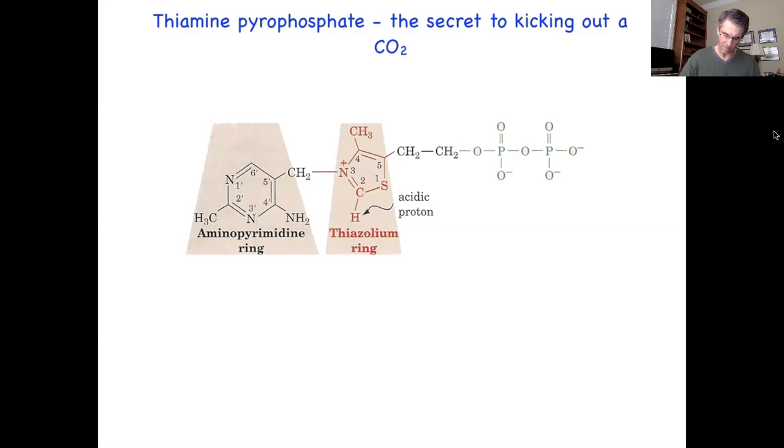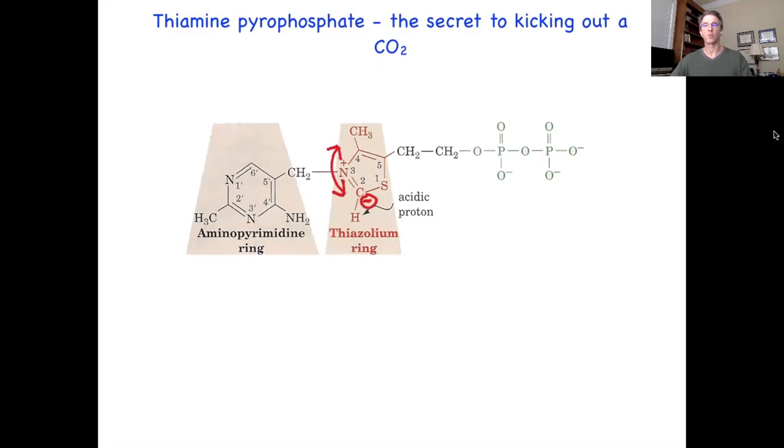And when that proton pops off, you can generate an extremely strong carbanion, which is a great nucleophile, number one, and that carbanion is stabilized by resonance in the rest of the structure, right?